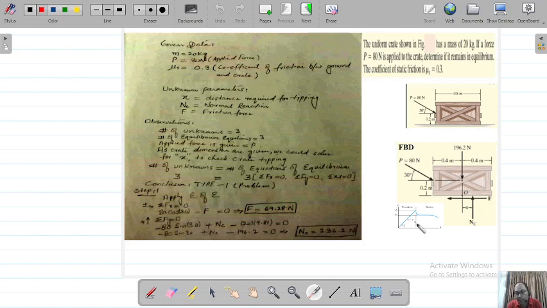If you look at it, this force will create the motion on the crate. Mu s is 0.3, the coefficient of friction between the ground and the crate. The unknown parameters: we have to draw the free body diagram of the crate. So what are the unknown parameters?